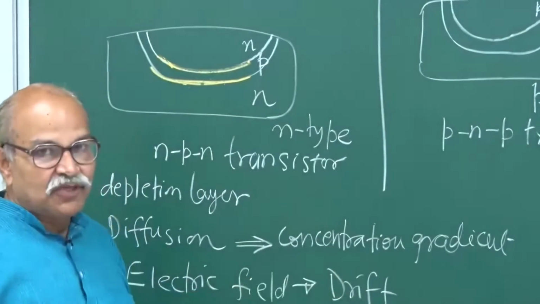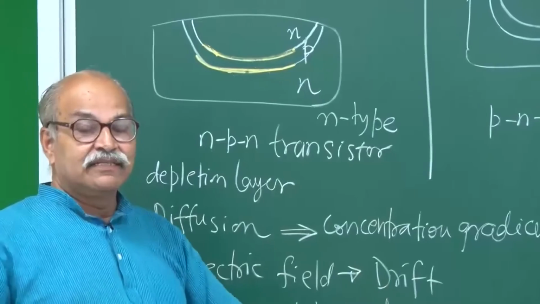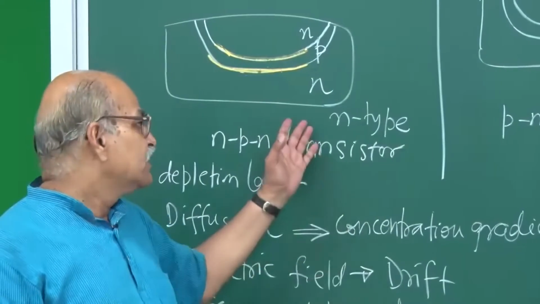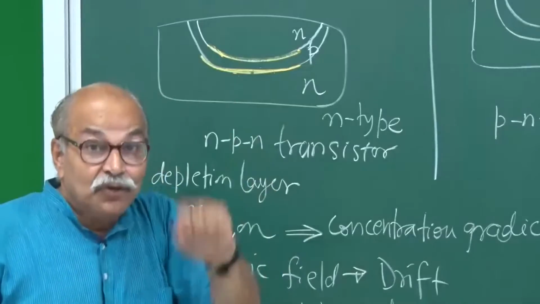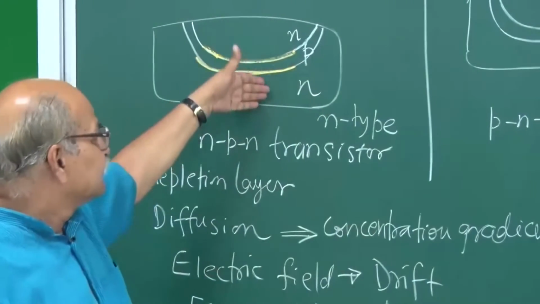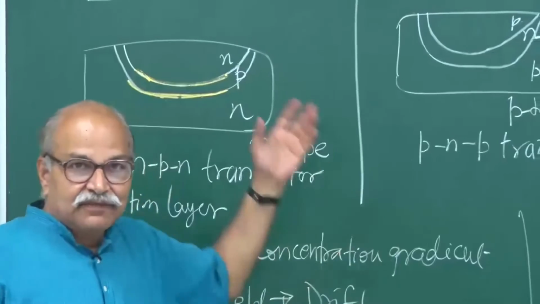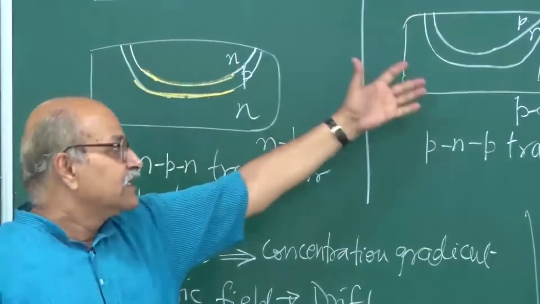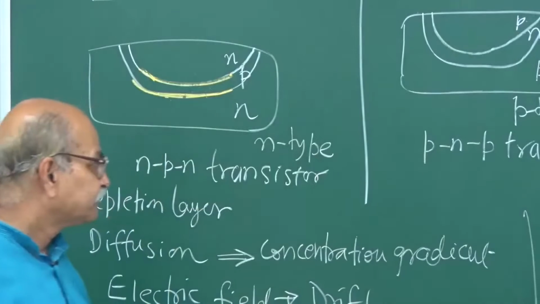If you talk in terms of majority carrier and minority carrier, the same language can be used for this and for this. But if you use electrons and holes, then of course the language will be different. What you call electron in this case, you will be calling holes in the other, and vice versa.